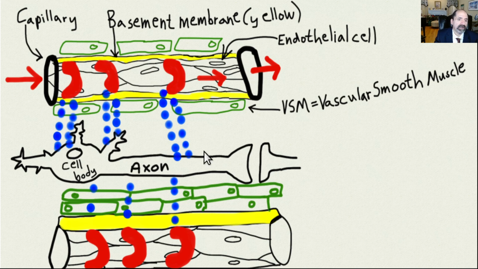And the key point is, notice how there's lots of blue stuff up here coming off of a normal capillary. But when this capillary basement membrane is thickened, less oxygen is able to diffuse through it. The rate of oxygen delivery to the neuron is diminished, okay?